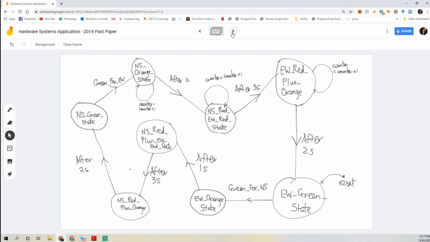Okay, so it's only my timed states like this that need these inputs here. And when we're looking at the VHDL code, we'll see where this counter comes into play.